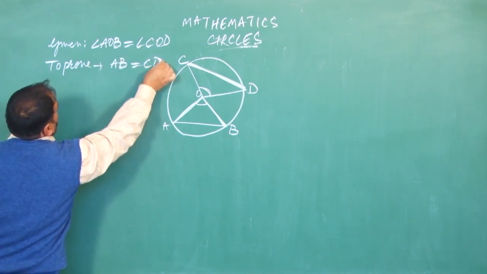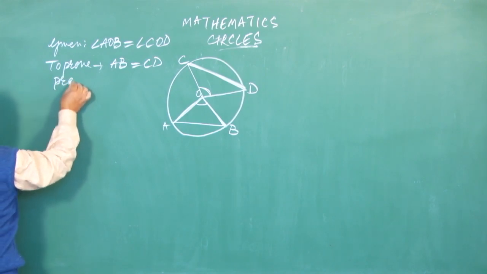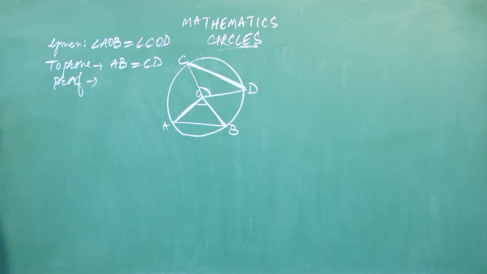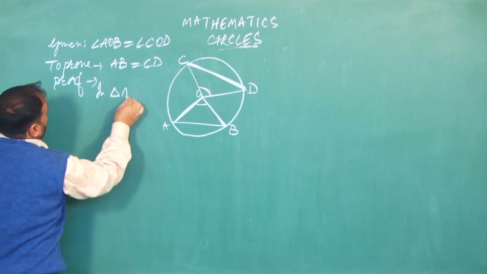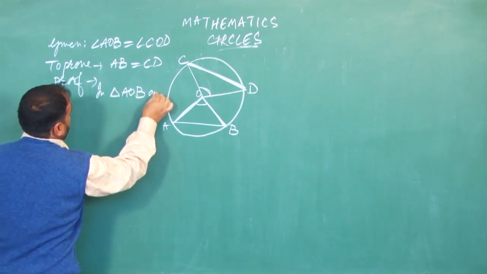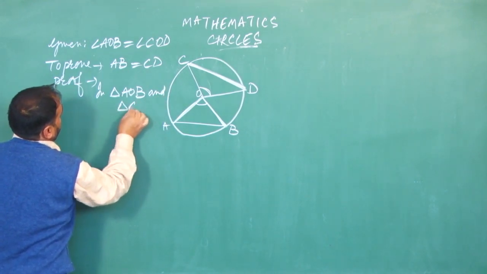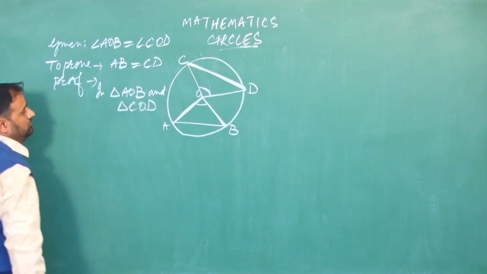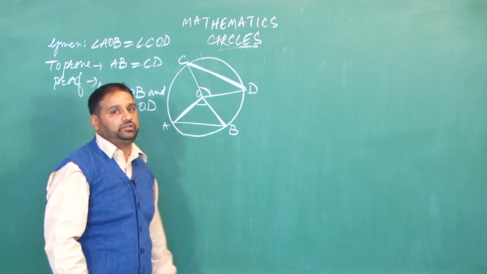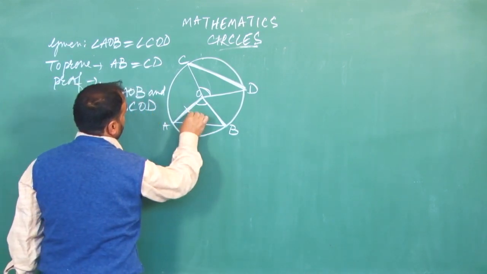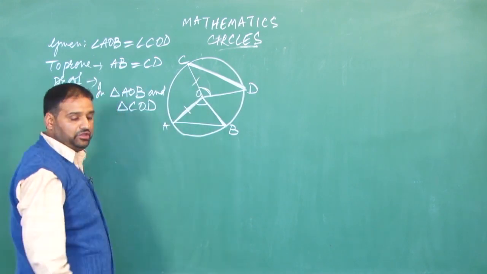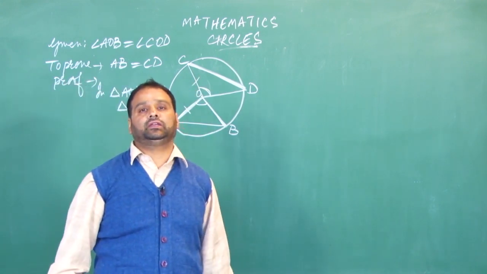For that, again we take these two triangles, triangle AOB and triangle COD, and we need to look into these two triangles, which criteria will bring them to the congruency. Again, we see that OA and OC are the radii of the same circle and they are equal.